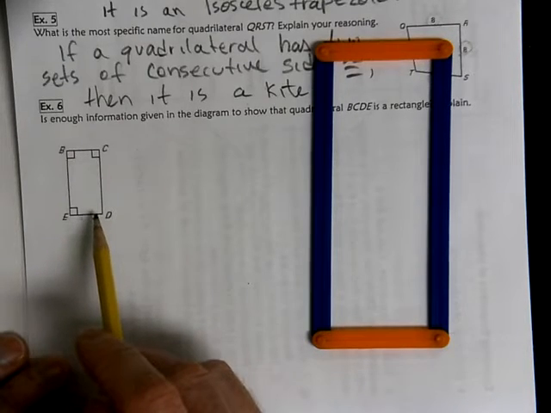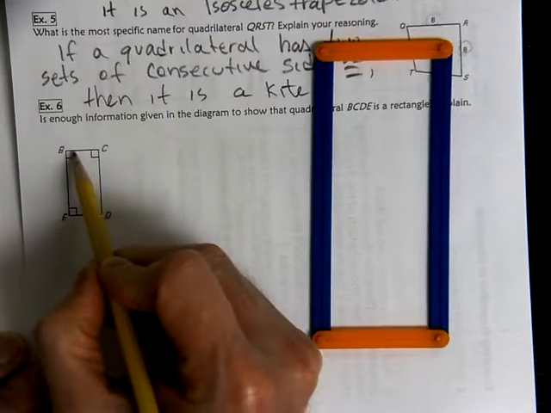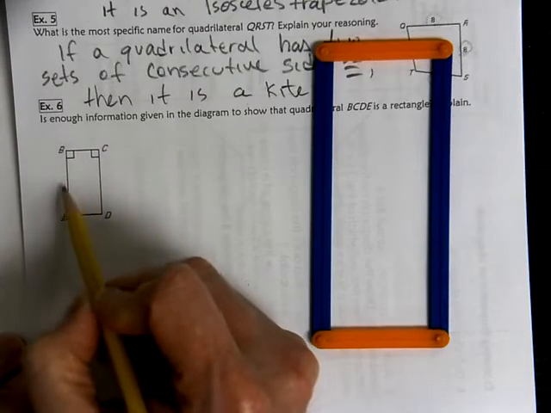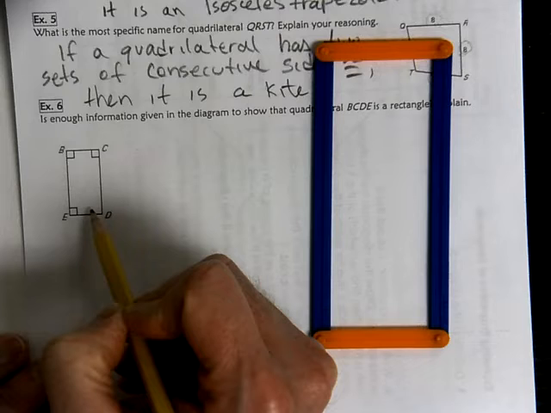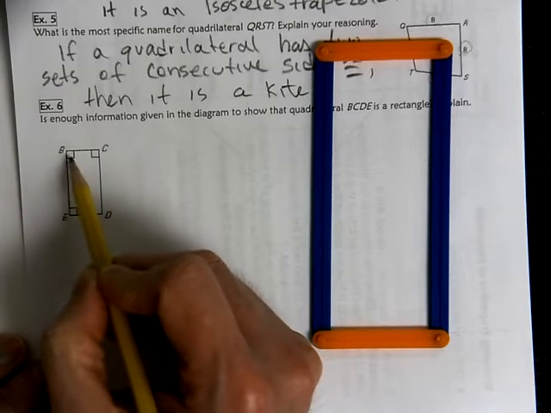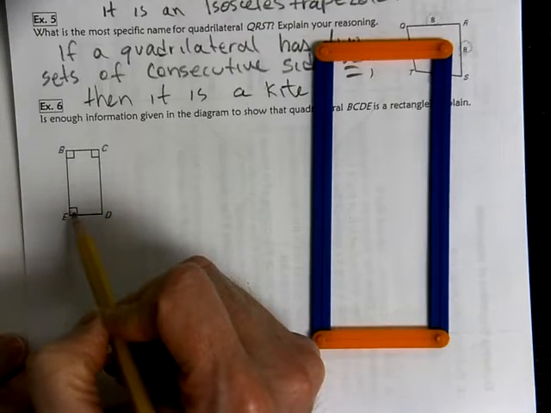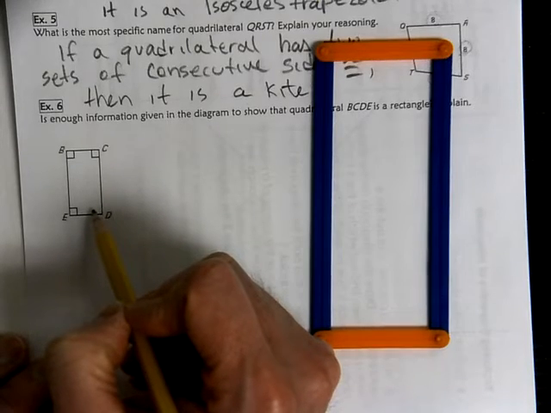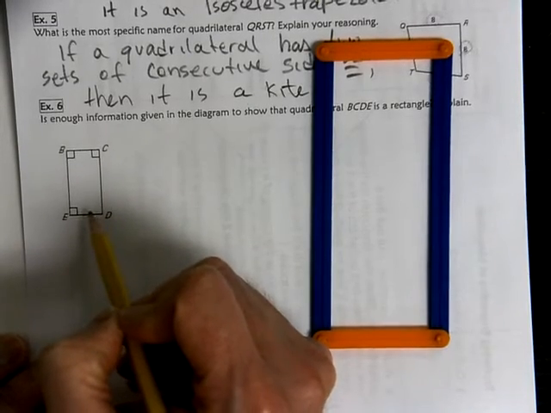There's a couple ways to do that. You know that a quadrilateral has to add up to 360 degrees. So 90 plus 90 plus 90 and another 90 makes 360. So yes, that's a right angle.